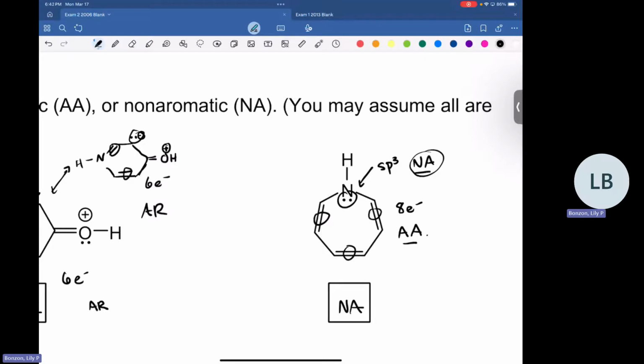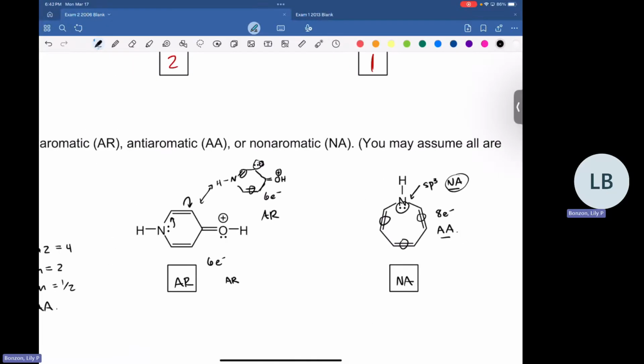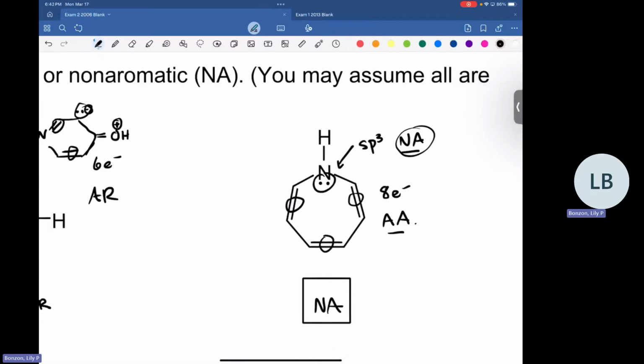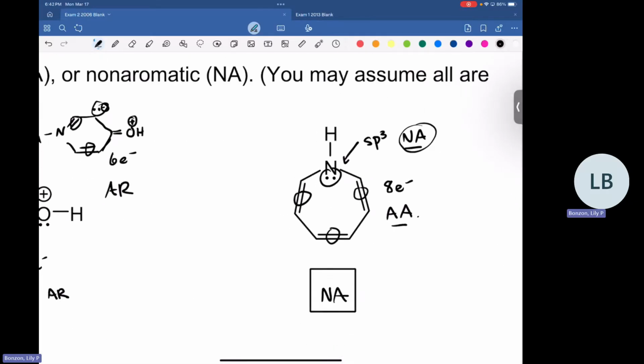Personally, I suggest checking all of them. But typically, because in this form, the nitrogen is sp3.